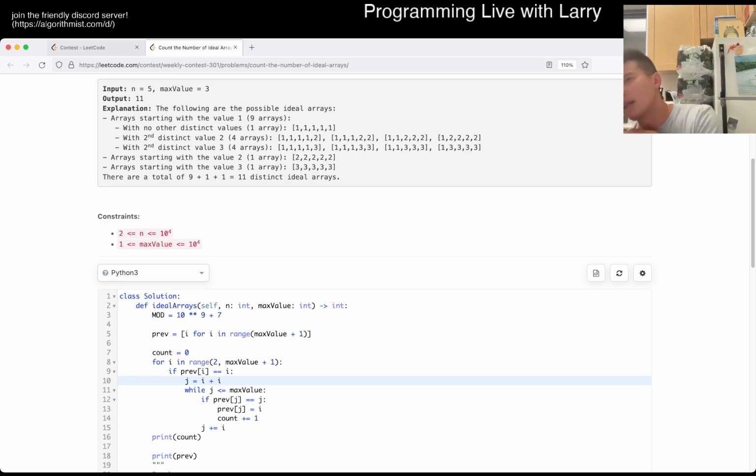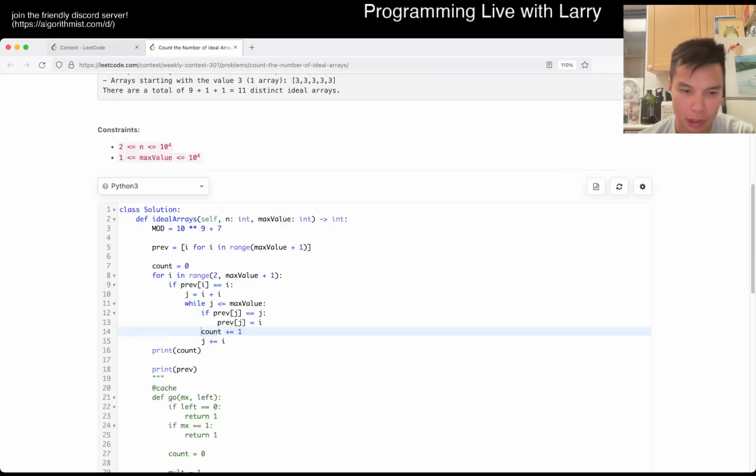How many possible paths are there? This is wrong anyway.